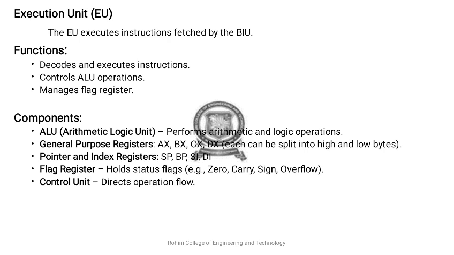Each register can be split into high and low bytes. Pointers and index registers: stack pointer, base pointer, source index register and destination index register. Flag register holds status flags, that is zero flag, carry flag, sign flag, overflow flag. Control unit directs operation flow.